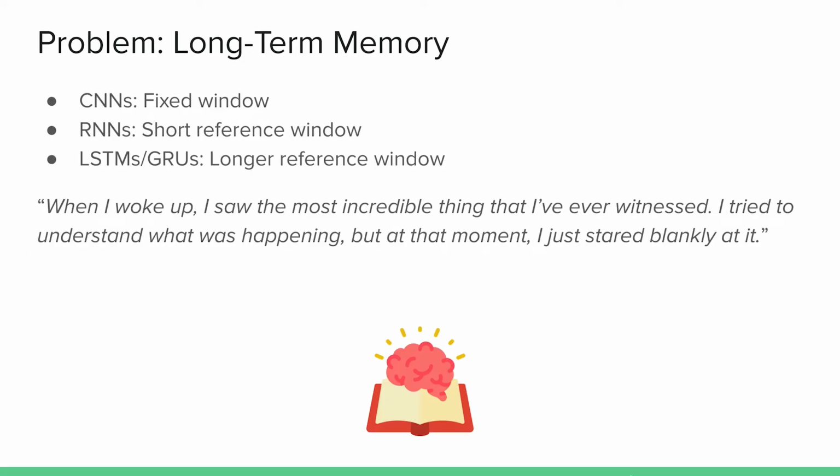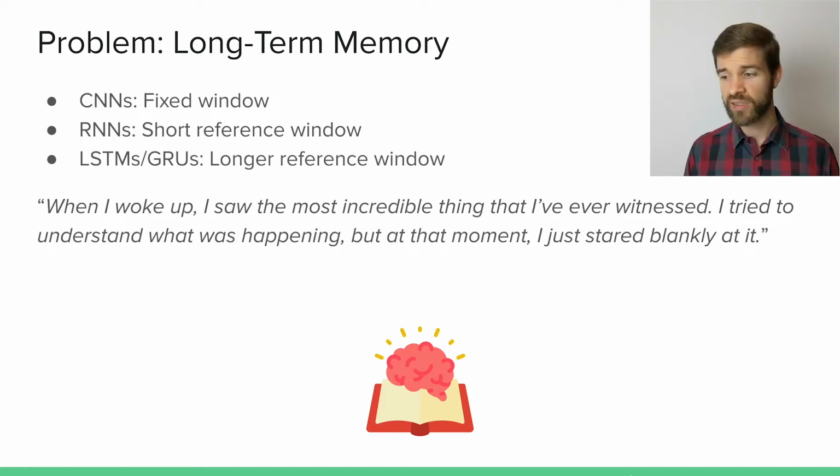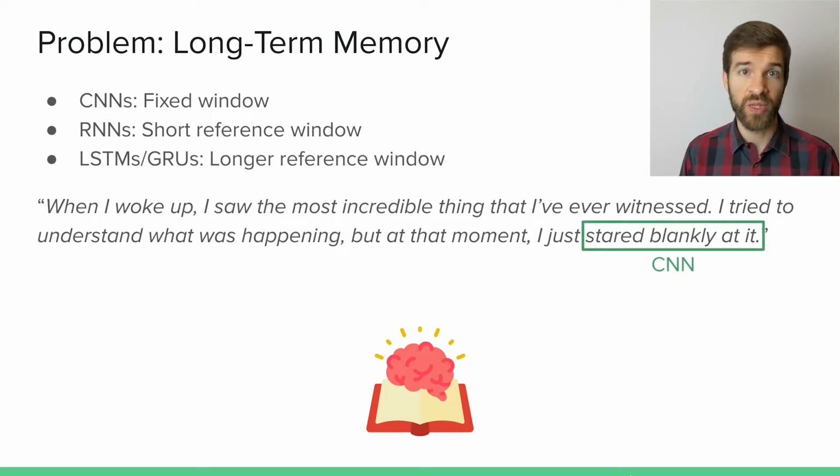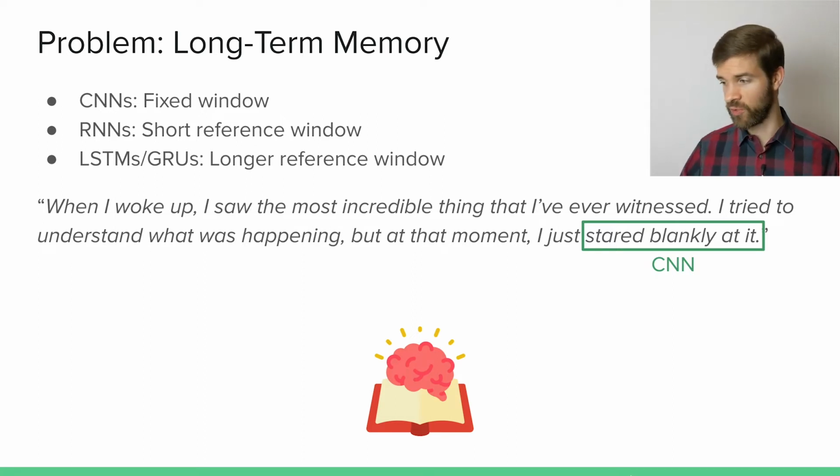So when you think about this long-term memory, we can tackle it in different ways. If we have a CNN, typically we have a fixed size window. We can use CNNs for sequence processing just like recurrent neural networks if we have, say, a fixed window size. Say we have 4 words, then we always see 4 words at a time, and then we can process that.